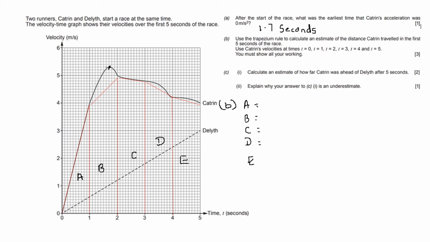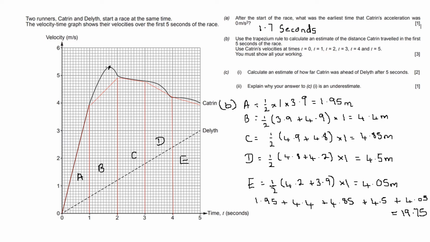It's saying to use the velocities at t equals 0, t equals 1, t equals 2, t equals 3, t equals 4 and t equals 5. So that's why I've marked the vertical lines onto the graph as shown here. I've basically split the graph up into 1 second time intervals, and then I'm going to calculate the distance that she travelled over each second.